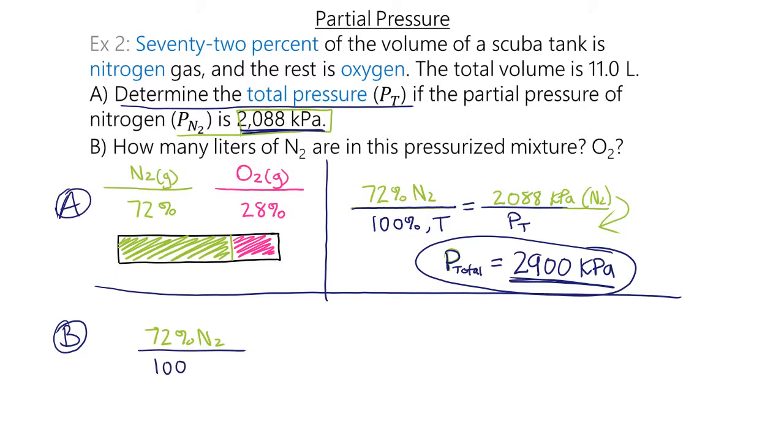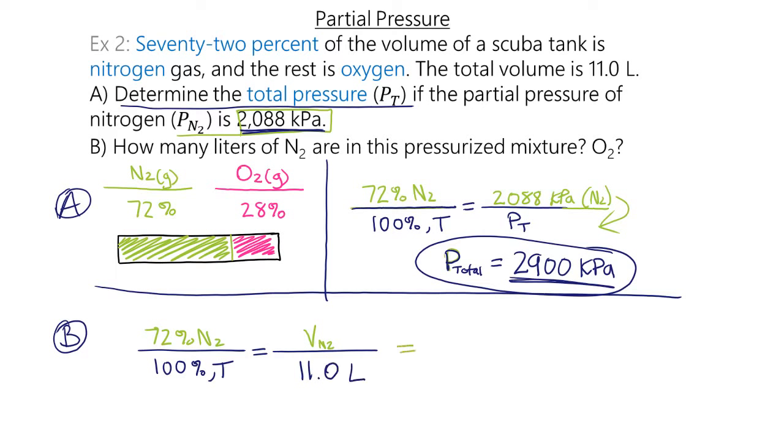This is our part over whole still. We do not know how many liters of nitrogen there are, so I'm going to put V subscript N2 for volume of nitrogen. That's our variable, but we do know that the total volume is 11 liters.